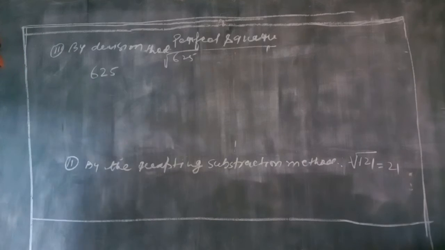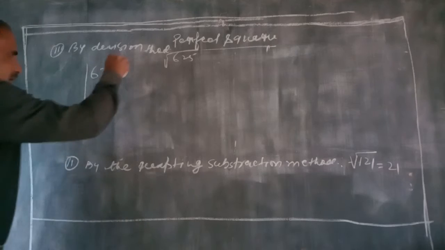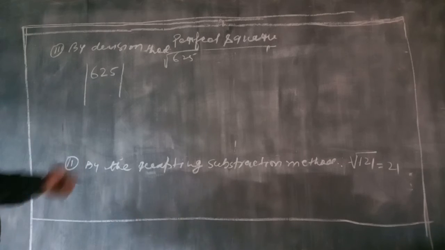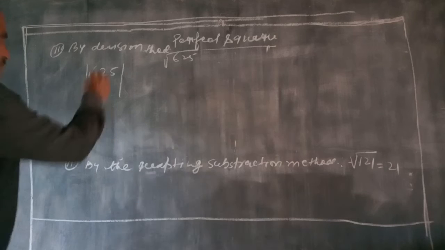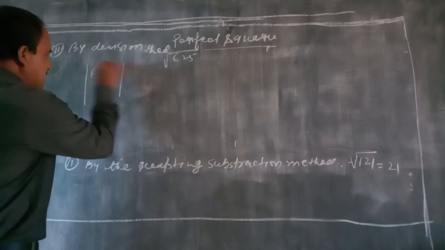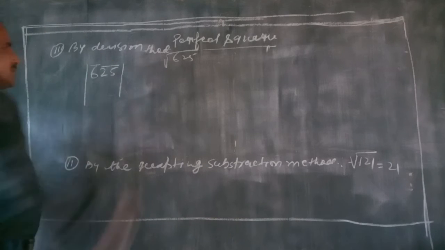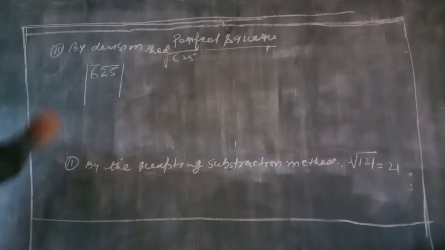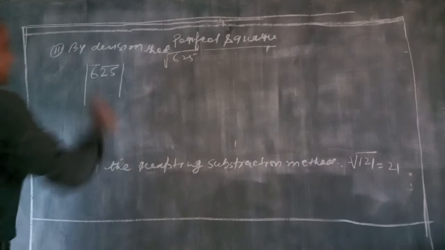Then in this method you draw a line like that, and you pair the digits from the right-hand side. The first group has one digit, 6, with no pair. Then you have to choose a number to write here.